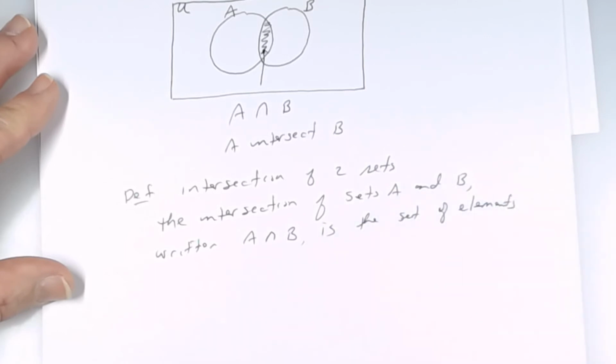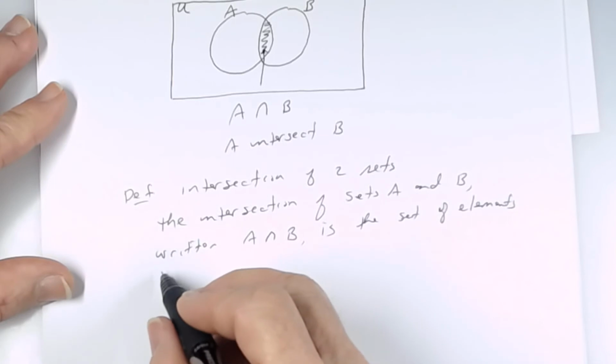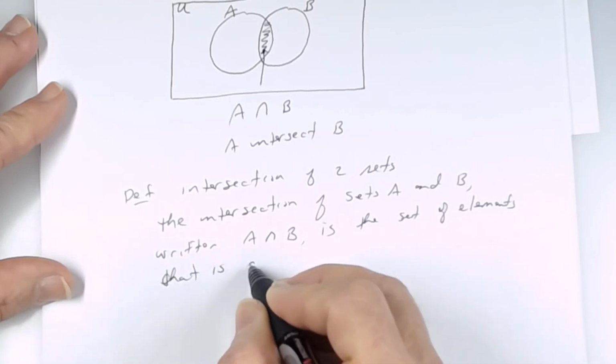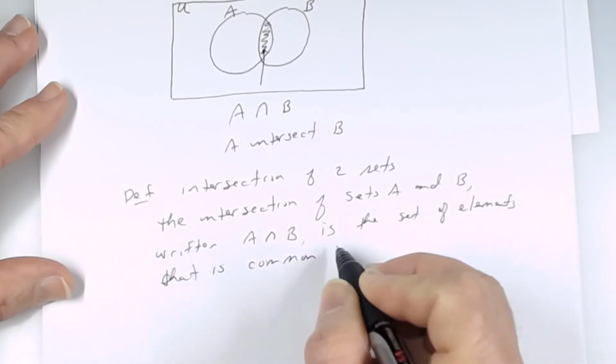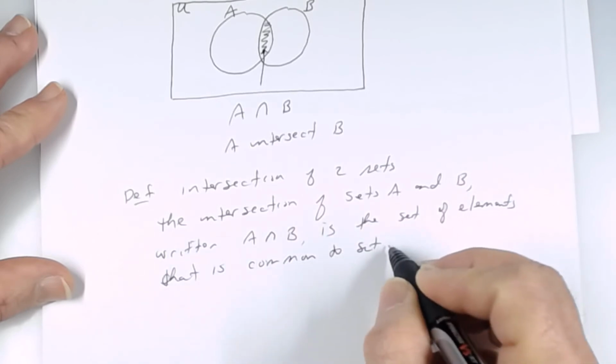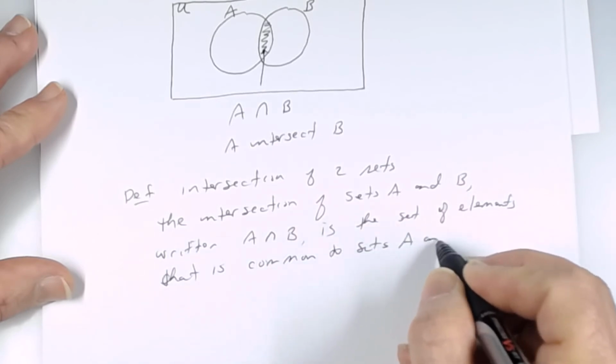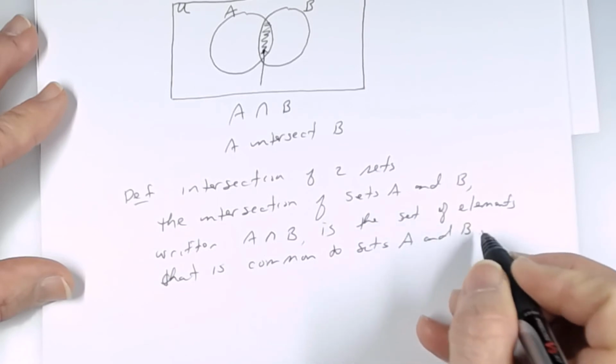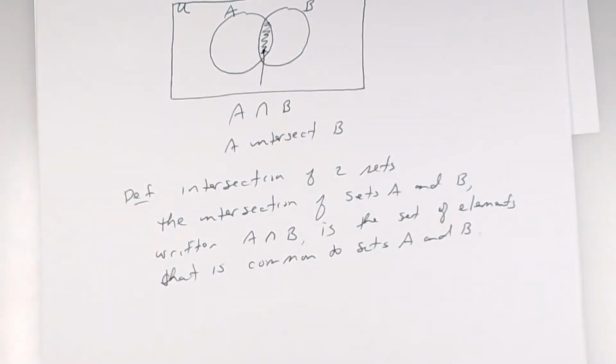So the intersection is a set of elements that is common to both A and B. If the number 5 is in the intersection, that means 5 has to be in set A, and it also has to be in set B.